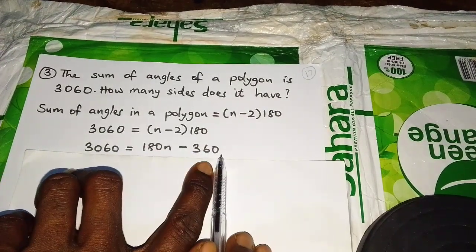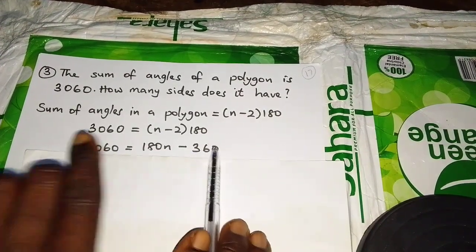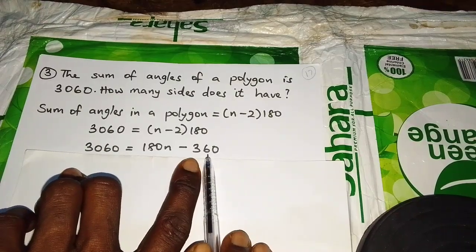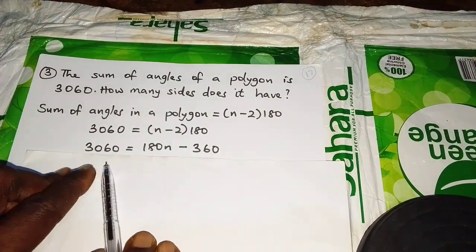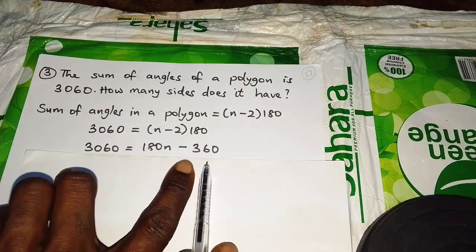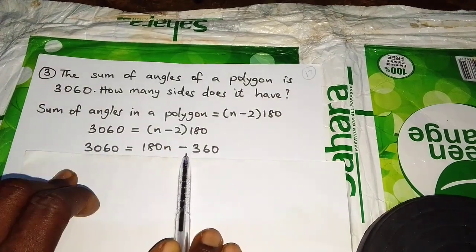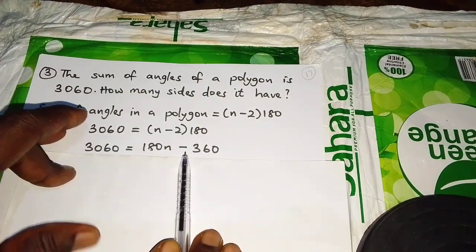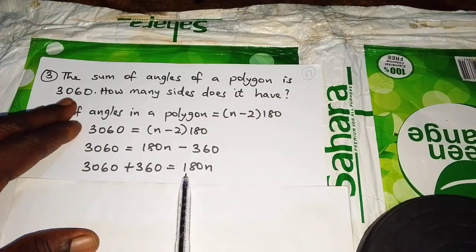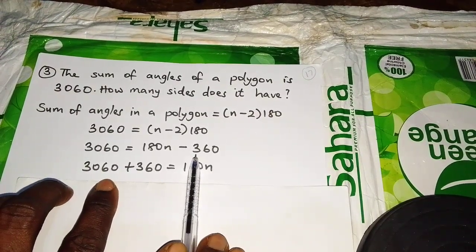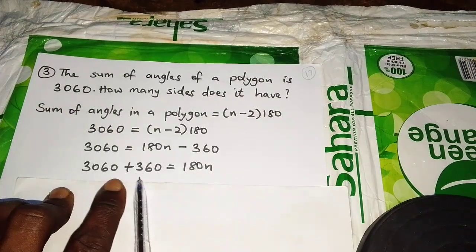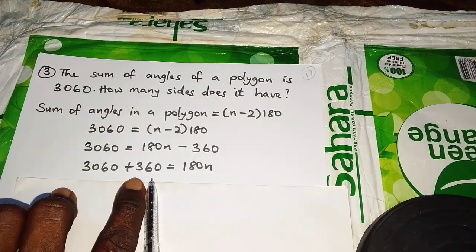So let's bring the terms that do not have n together. This is minus 360; when a negative crosses the equality sign it turns to plus. So the minus 360 comes to this side to become plus 360.